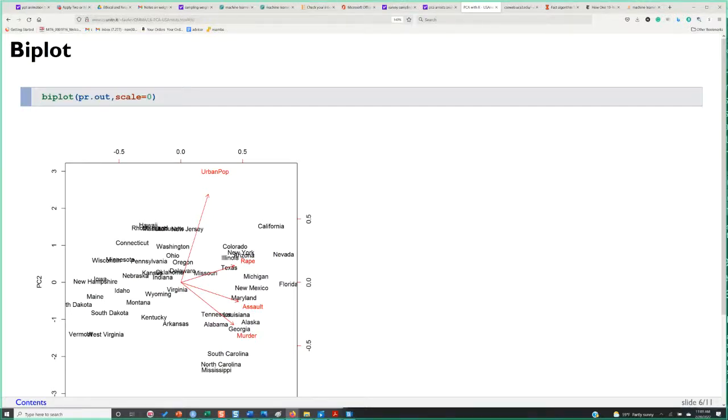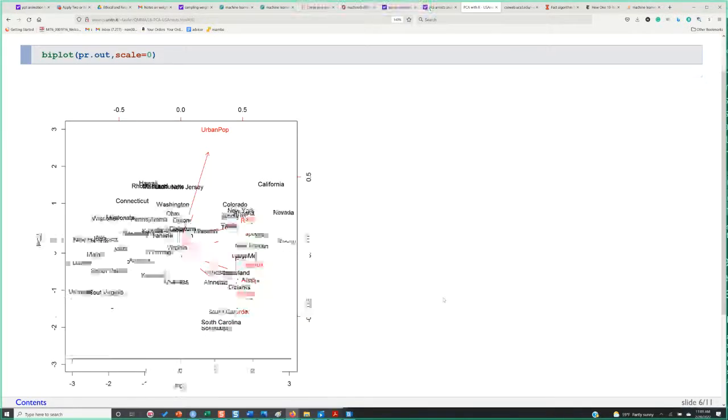So this is useful, and if you bring in the four directions, you can see this direction is all about urban population. Even though I put only PC1 and PC2, based on the towns here, California is here, New Jersey is here, New York is here, Illinois is here. Based on that, you can see that this direction is urban population, right?